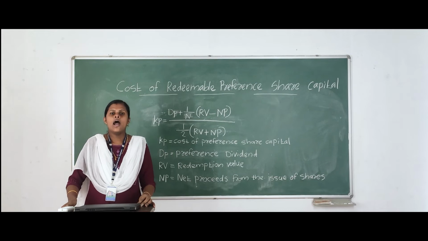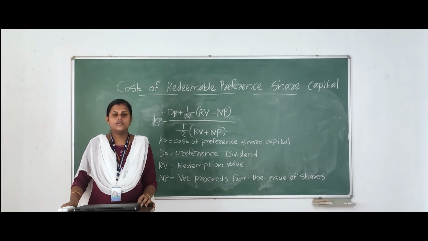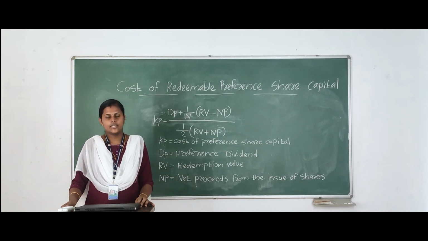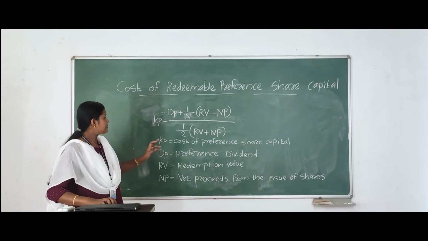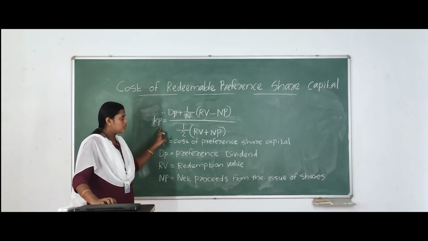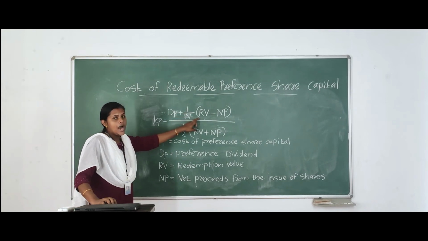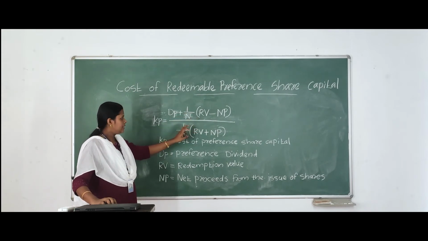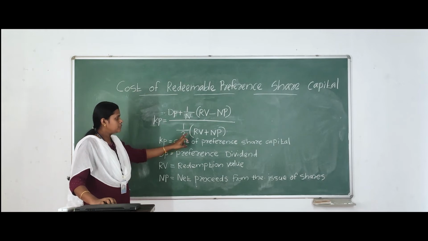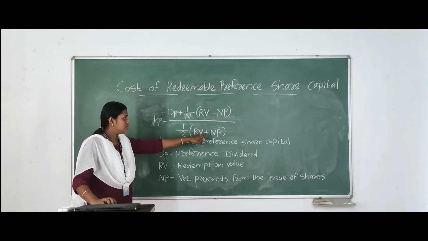Then let us see how to calculate the cost of redeemable preference share capital. The equation is Kp = (Dp + 1/n (Rv - Np)) / (1/2 (Rv + Np)).